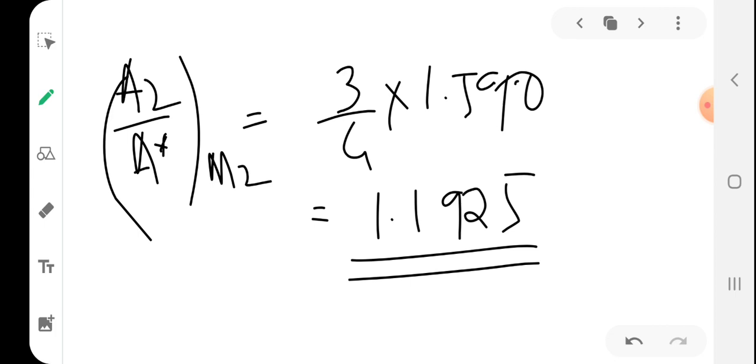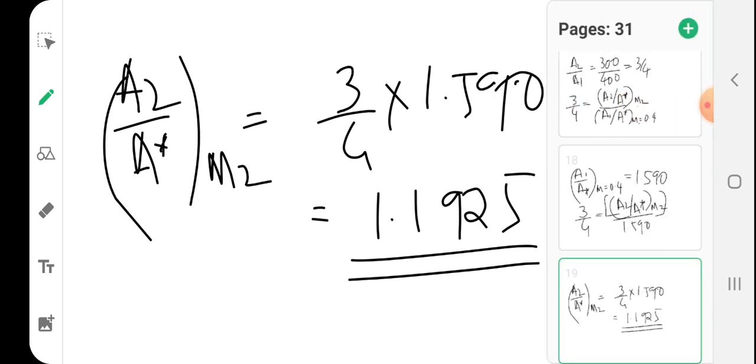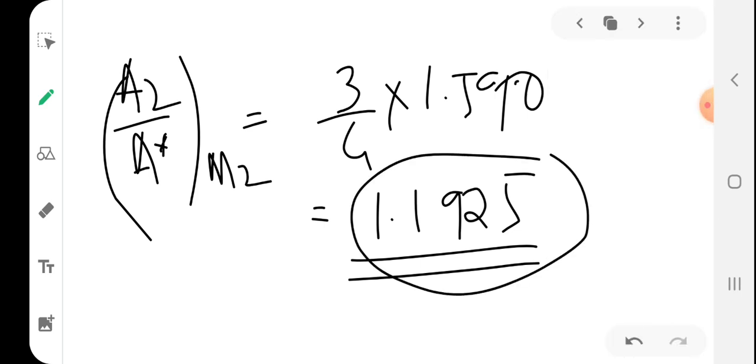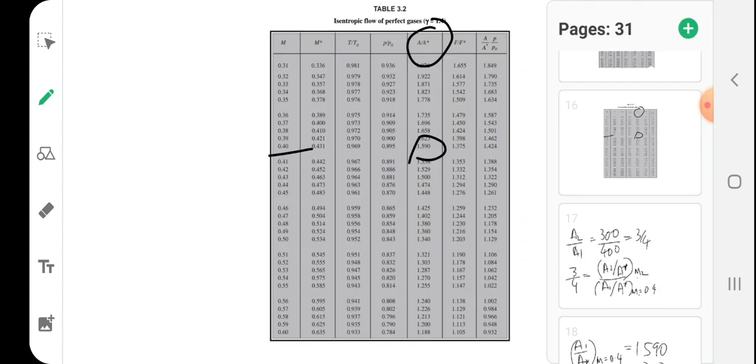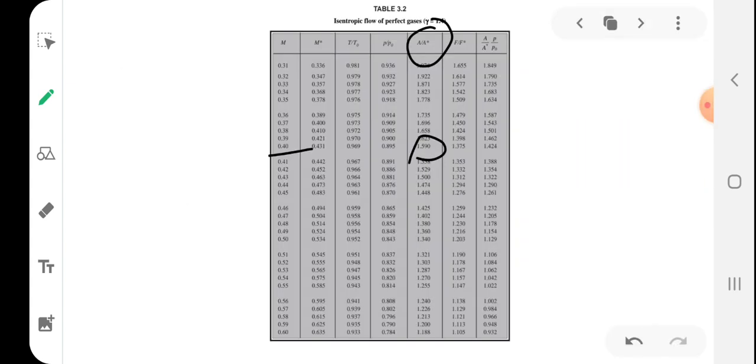Now corresponding to this A2 by A star, you can find the value of the corresponding Mach number from the gas table. How? You use this value and go to the A by A star column on the table.